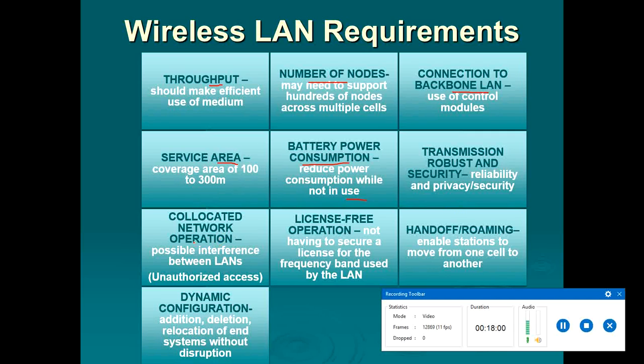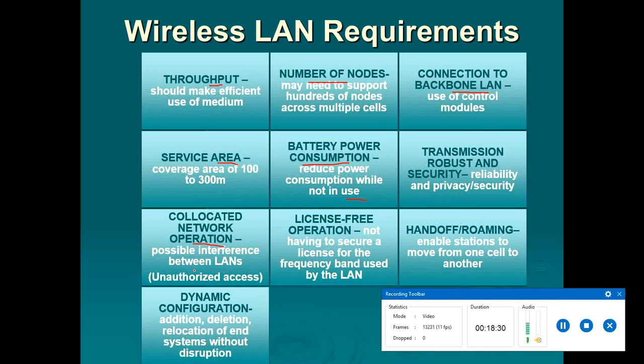Next requirement for the wireless LANs is collocated network operation. That means there can be possible interference between the LANs or unauthorized access. As wireless LANs are increasingly becoming popular, there may be a situation where two or more wireless LANs operate in the same area, and interference between the LANs is possible.